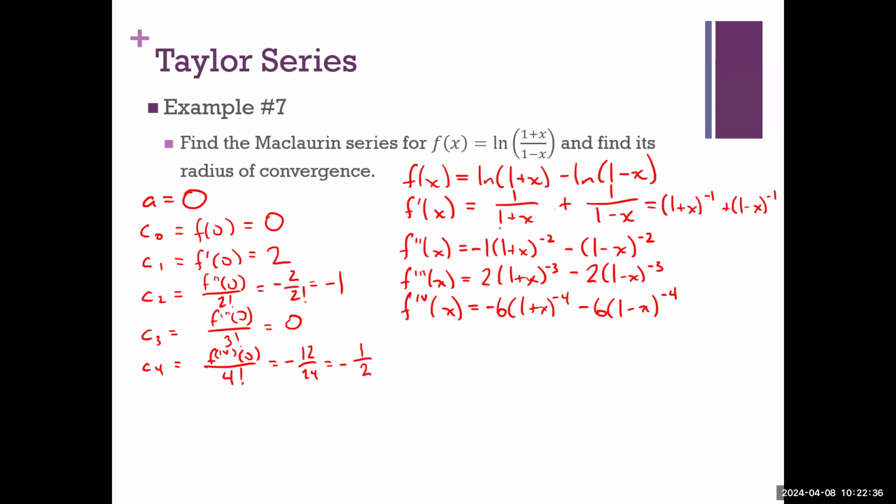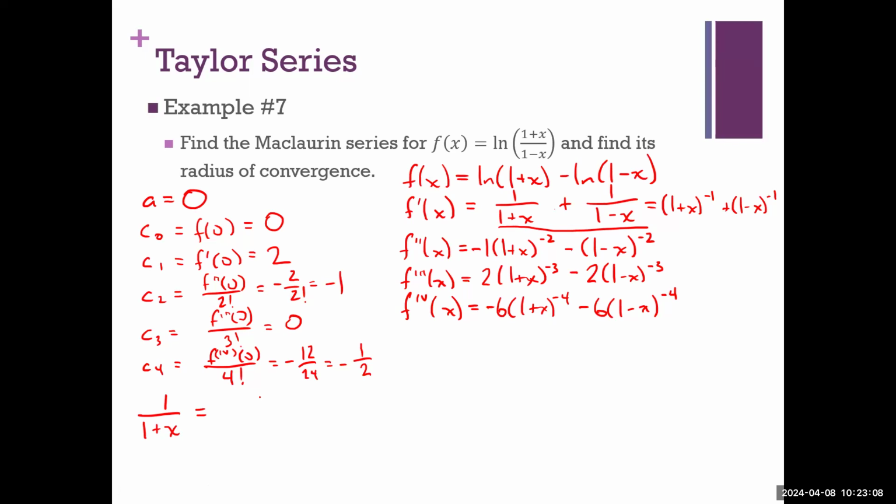What if we go back to this form here where we had 1 over 1 plus x plus 1 over 1 minus x? Can we make power series out of those? This is something we've done before. I think we've done these exact ones a few times. 1 over 1 plus x: if we represent this as a power series, I think we can do this without the Taylor process, right?